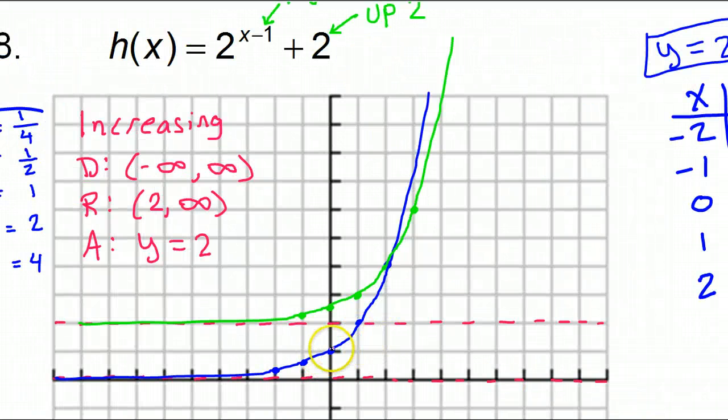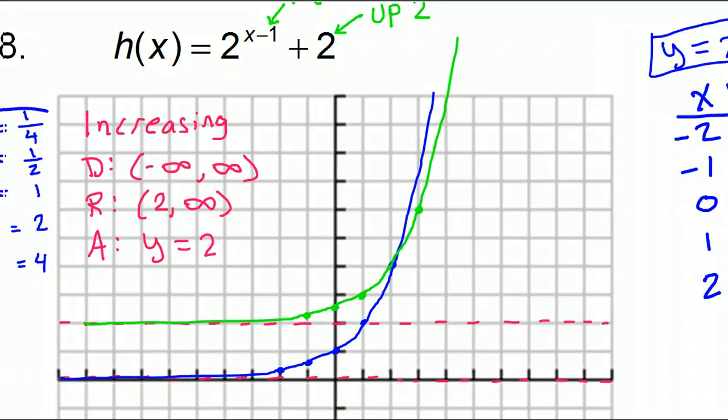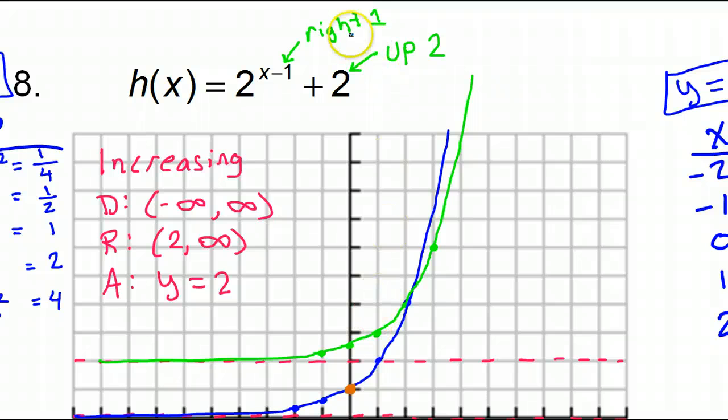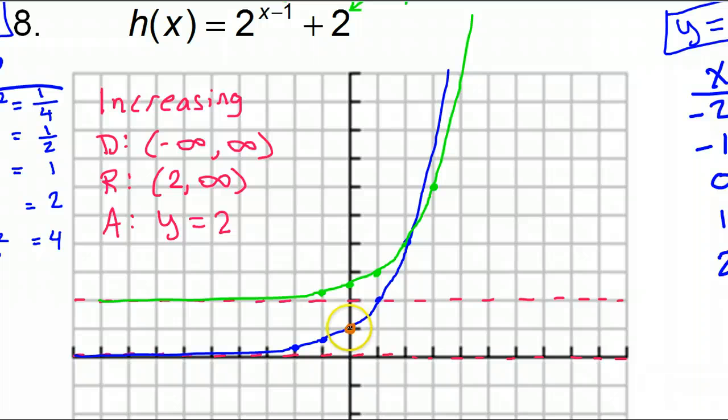Look at function h from problem number 8. Let's track the y-intercept of the parent function, the point that started out at 0, 1. Let's keep our eye on this point and watch where it goes. For function h, we had to go right 1 and up 2. So this point went right 1 and up 2.